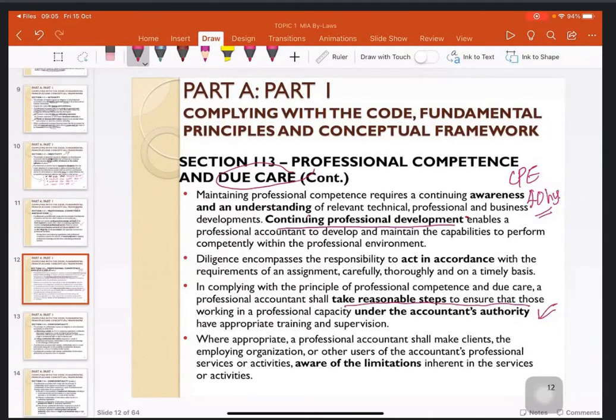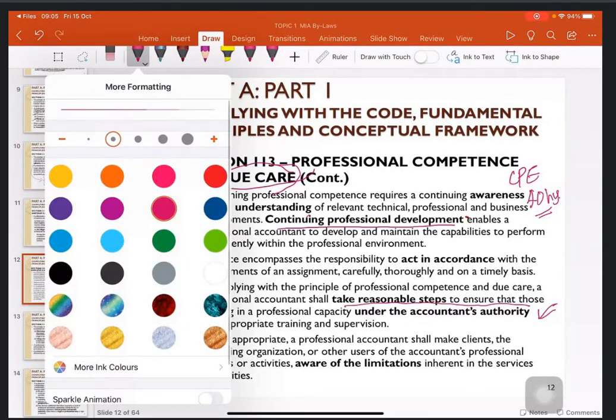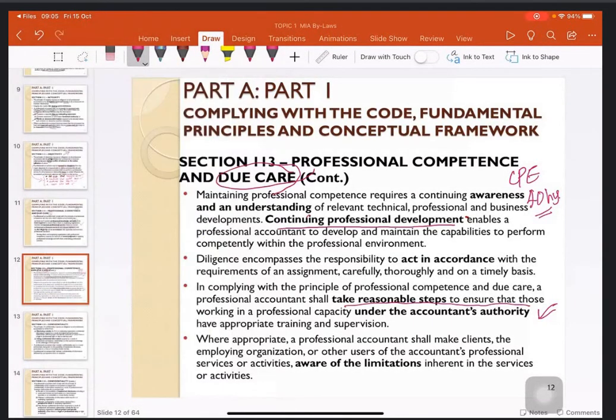When we say that we conduct the audit with due care, it has two meanings. One is completeness of the working paper. For example, sometimes when we conduct the audit, we discover something unusual.